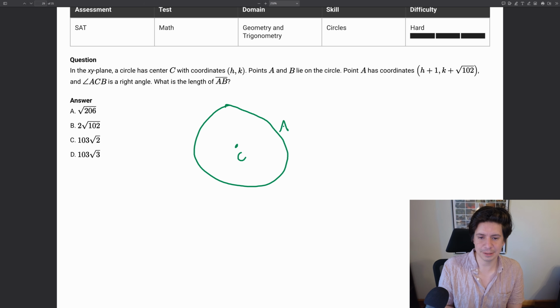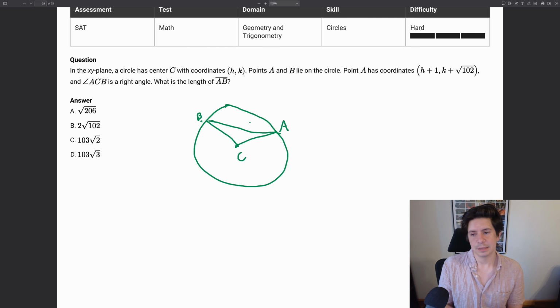So you could say A is here, and then B could be here. Tricky one. Okay, this is not a great right angle, but what is the length of AB?